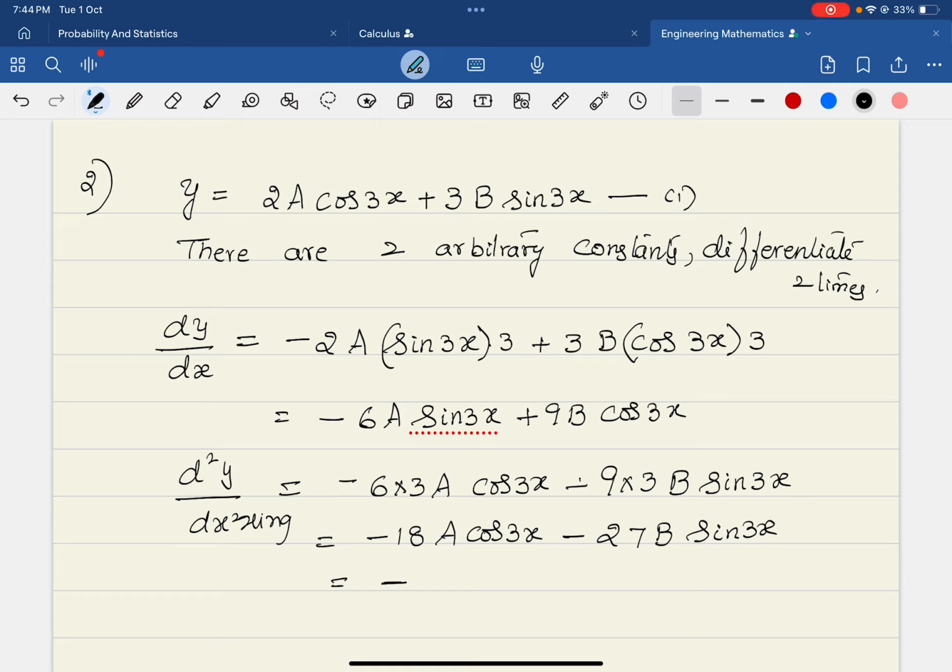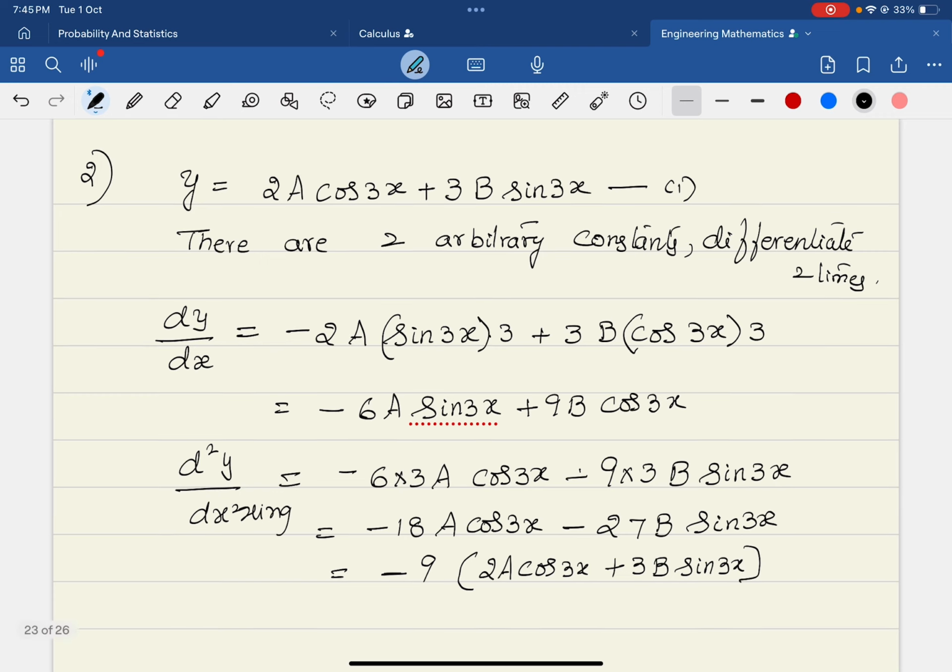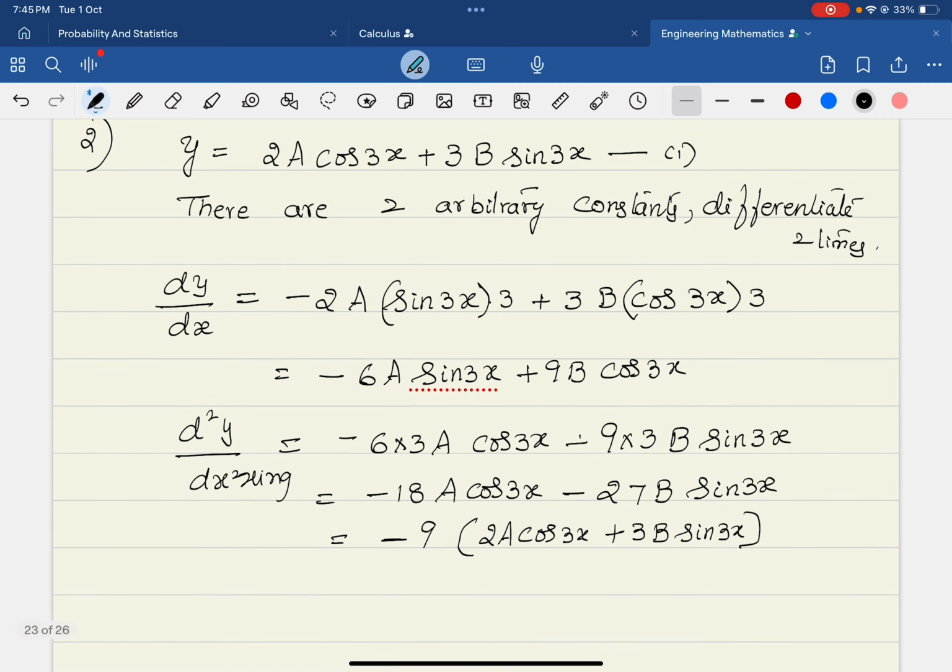Now in these two we can see minus is common, and you can observe that there is 18 and 27, there is 9 is common. So minus 9 if I take out, then it becomes 2 times of a cosine 3x plus 3 times of b sine 3x. So now why we have taken 9 common? I wanted to write this original function y in this form.